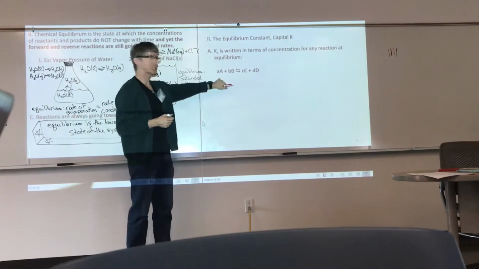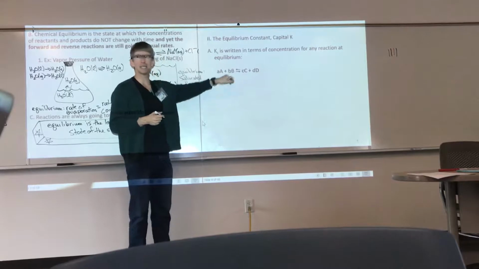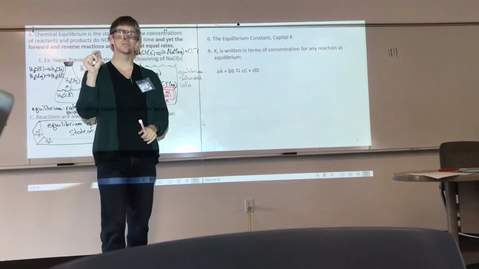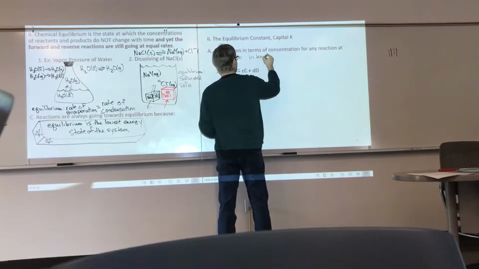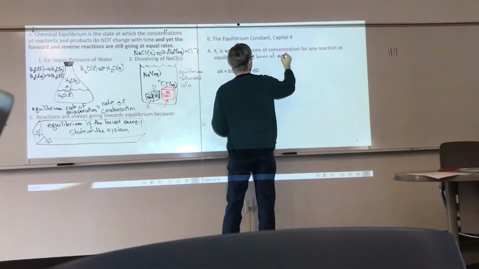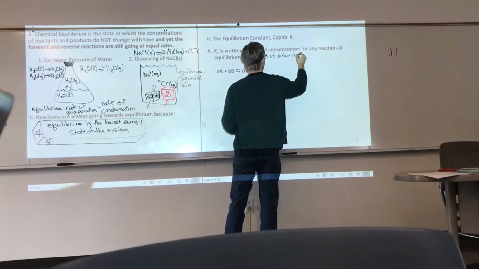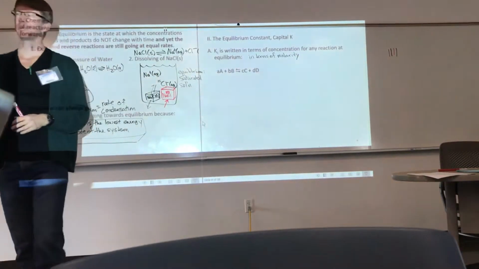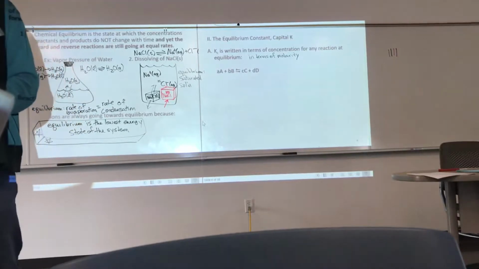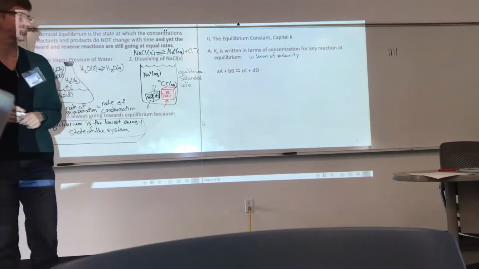Before I write the actual expression here, I will say that Kc is in terms of molarity. Basically everything else in the entire course is molarity as far as concentration units go.